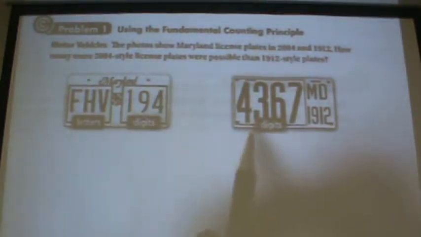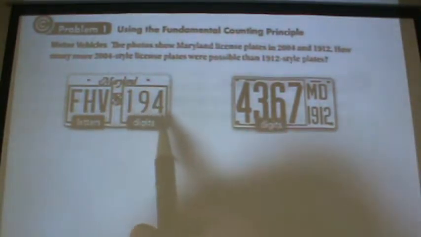So problem 1 is kind of the same thing. It's asking that the photos below show Maryland license plates from 2004 and 1912. How many more 2004 style license plates are possible than 1912 style plates? So this is the 2004 plate, this is the 1912 plate. So to find how many possibilities, we have 3 different letters and 3 numbers.